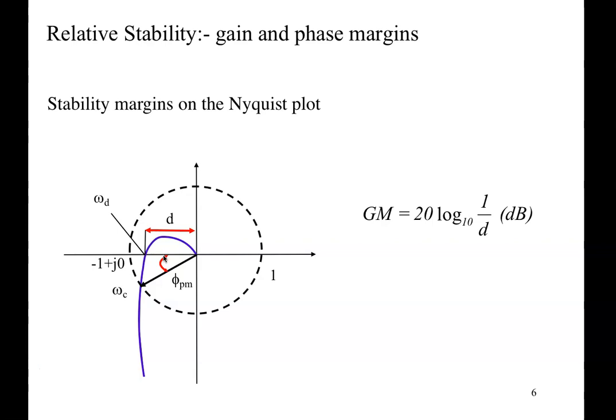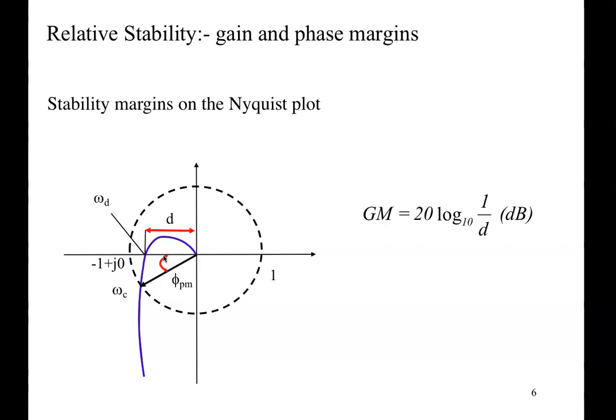Okay? If you think about that in the context of a sine wave, delay means negative phase or negative initial phase angle. So this is the extra negative phase angle you can afford to have in your frequency response before the closed loop system becomes unstable.